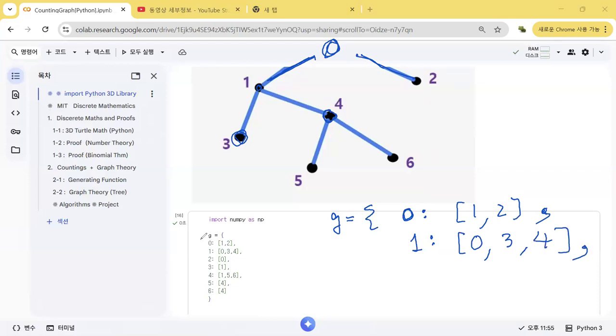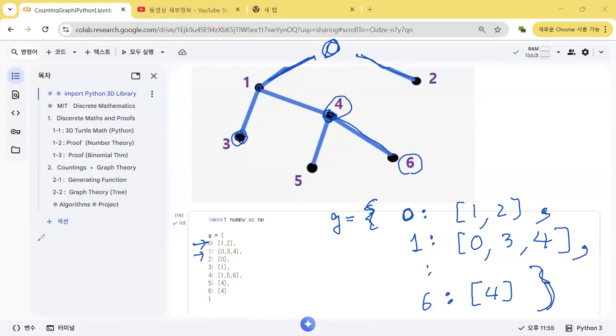So in this way, you can see this one. How about 6? From vertex 6, vertex 4 is connected. So it's a starting set notation, and this is the ending notation. So this kind of representation is called the dictionary representation for this graph.